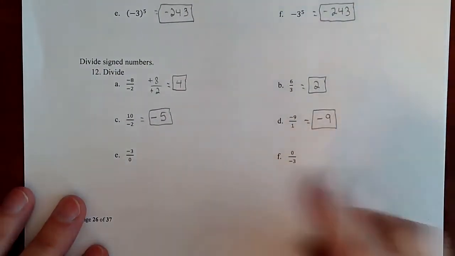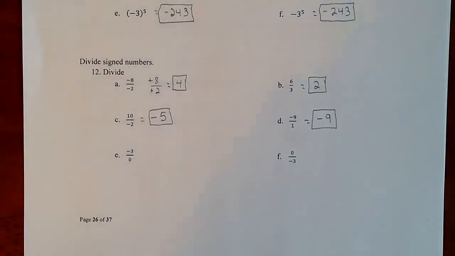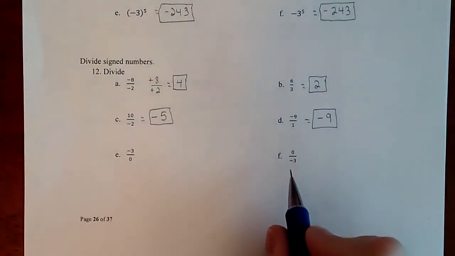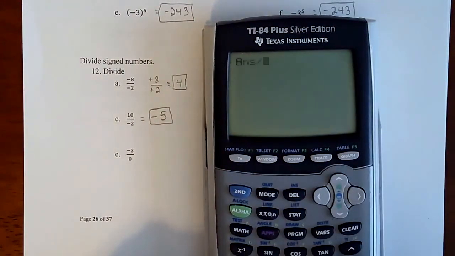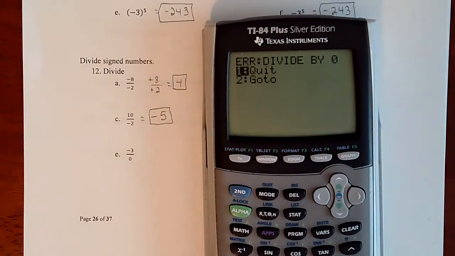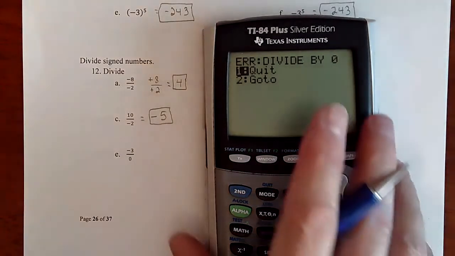And then negative 3 divided by 0 is not 0. Okay, these are absolutely different things. So if we throw this in the calculator, you do negative 3, and the negative really doesn't have anything to do with it. Negative 3 divided by 0. It's the divide by 0 that's the problem. You can't do it. You can't divide by 0. It's mathematically impossible.